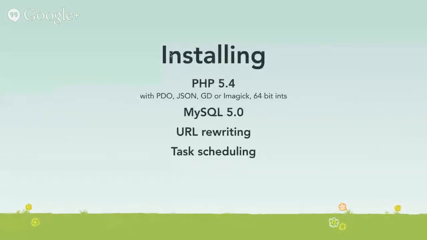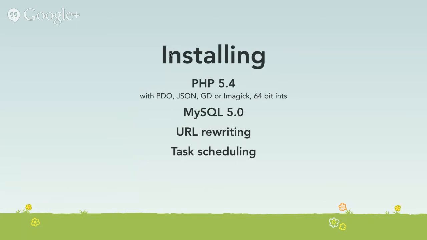So the first thing to think about is installing. The server requirements for Perch Runway are a bit different to Perch. It tends to need things that are just a little bit more modern and a little bit more capable. So one key difference is that Perch Runway requires PHP 5.4. Perch currently requires PHP 5.3, but Runway requires 5.4.